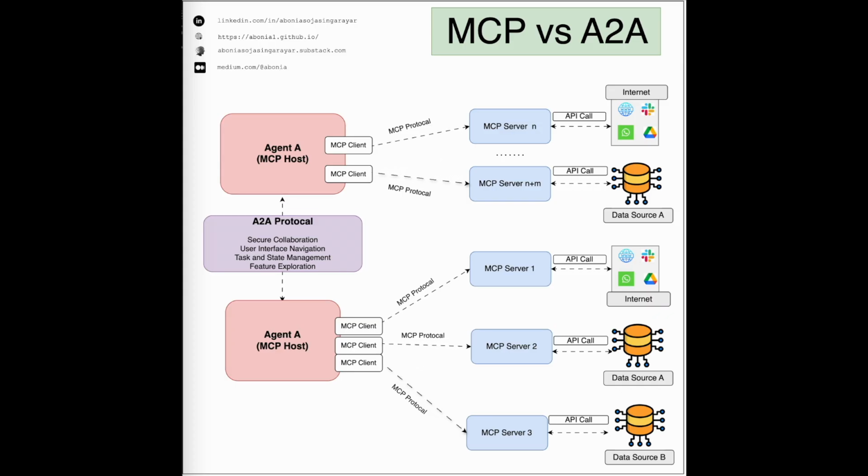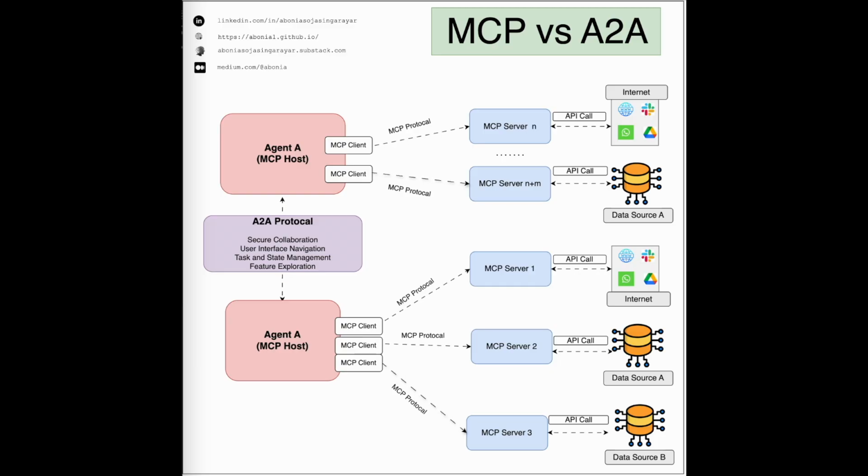It just uses natural language tasks for intelligent delegation, and orchestrating complex multi agent workflows is possible. The quick summary about MCP versus A2A: the first one is communication, which for MCP is agent to external API tools, and A2A is agent to agent, right? And the purpose of MCP is accessing tools and services, but A2A is multi agent collaboration.